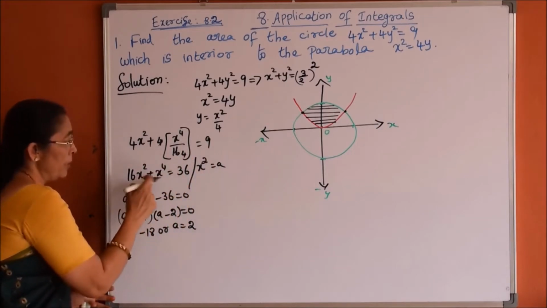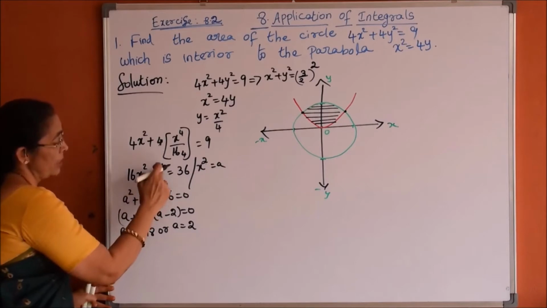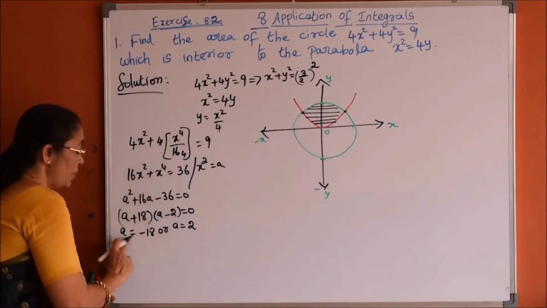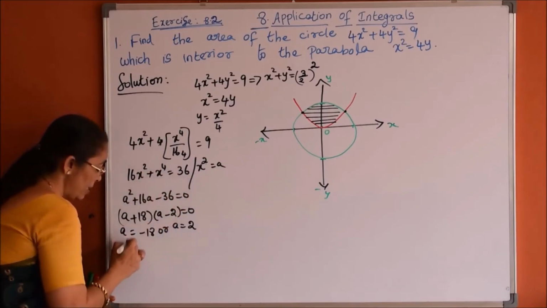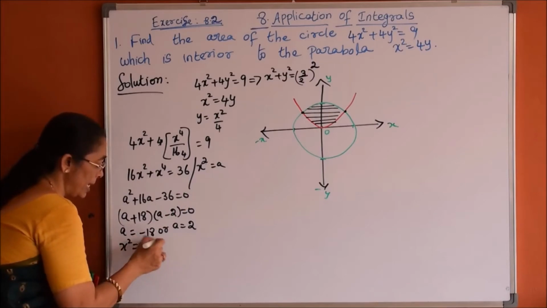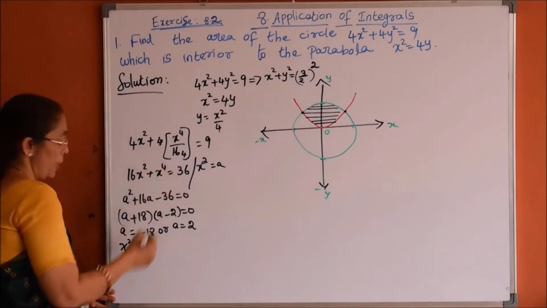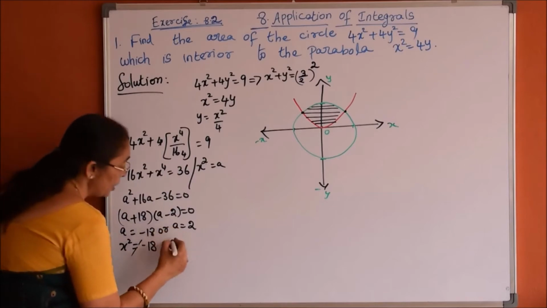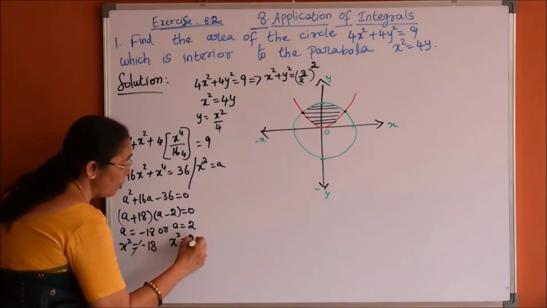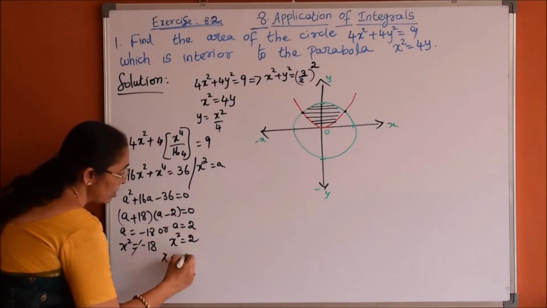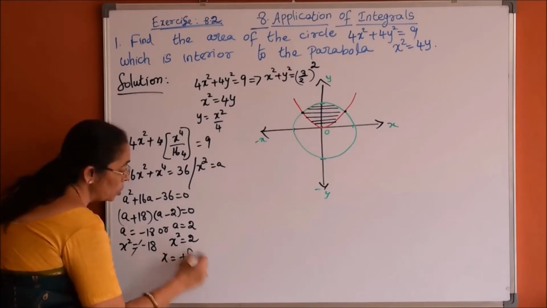Now, a is minus 18, so x square is equal to minus 18 is not possible. Square of any number cannot be negative. Now, second one, x square is equal to 2, which represents x is plus or minus root 2.